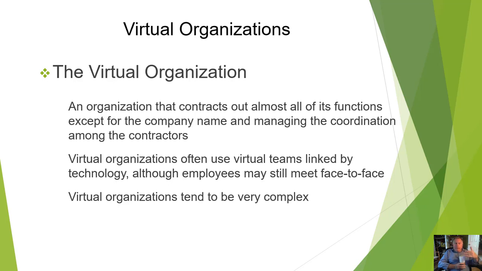The organization contracts out all its functions, except for the name and managing the coordination. They use virtual teams linked by technology. Employees may still meet face-to-face. They tend to be a little more complex, but they can exist without having a physical presence.